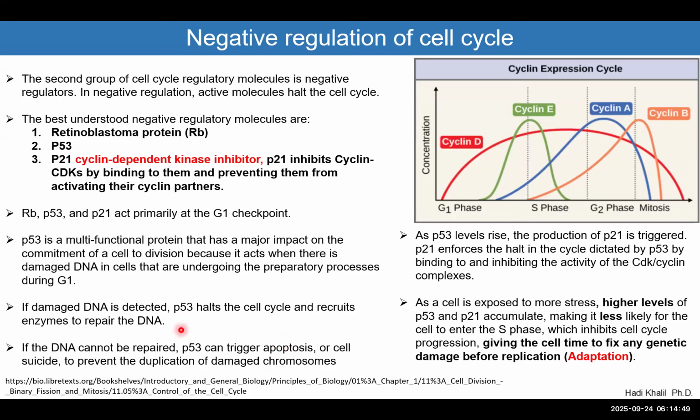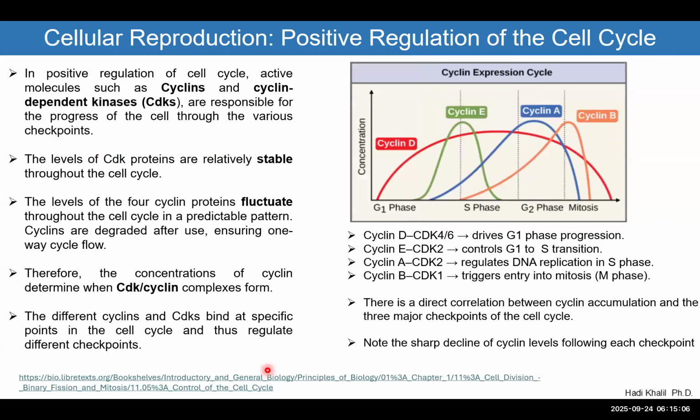And this is forcing the cell to commit suicide in order to prevent the duplication of damaged chromosomes or DNA, like genes. Okay, so this is generally how the negative and positive regulation work. In the positive regulation, you have proteins taking care of all these steps.